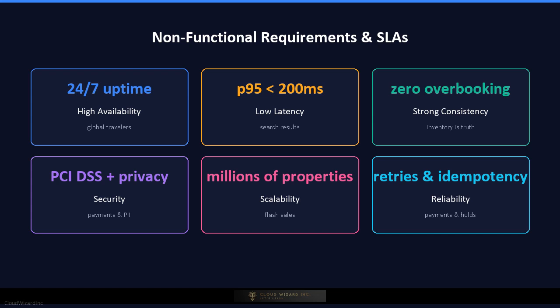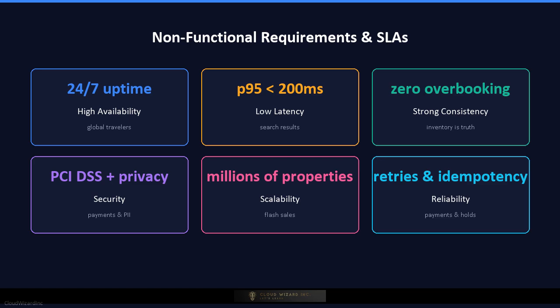It must guarantee strong consistency for inventory, because double booking the same room is a catastrophic failure. The system must be secure, handling payment data, personal information, and identity verification in compliance with PCI DSS and regional privacy laws. It must scale horizontally to handle flash sales, holiday rushes, and concurrent bookings across millions of properties.